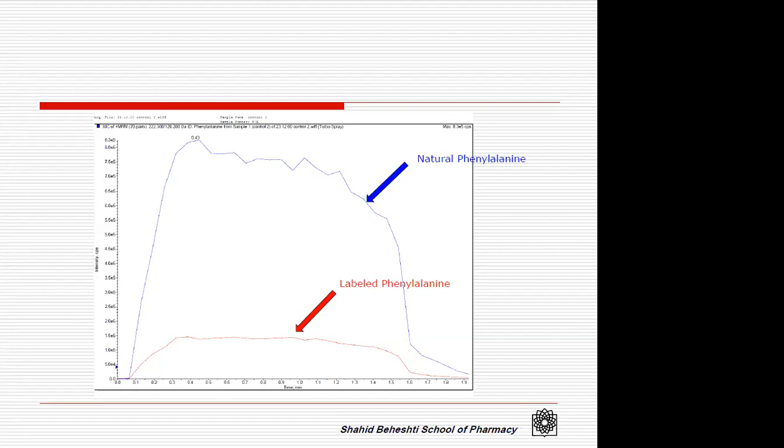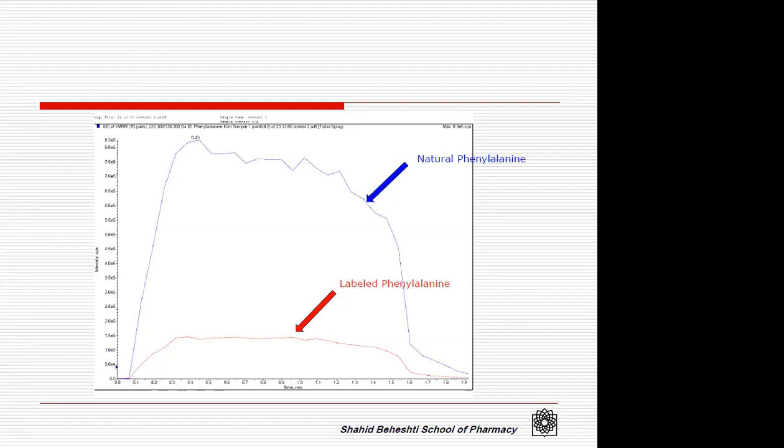And as for the calculation of the concentration, the way that the method is set up, as I explained in this slide, is based on the intensity of the labeled phenylalanine, which has been added to the sample at the pathological level.